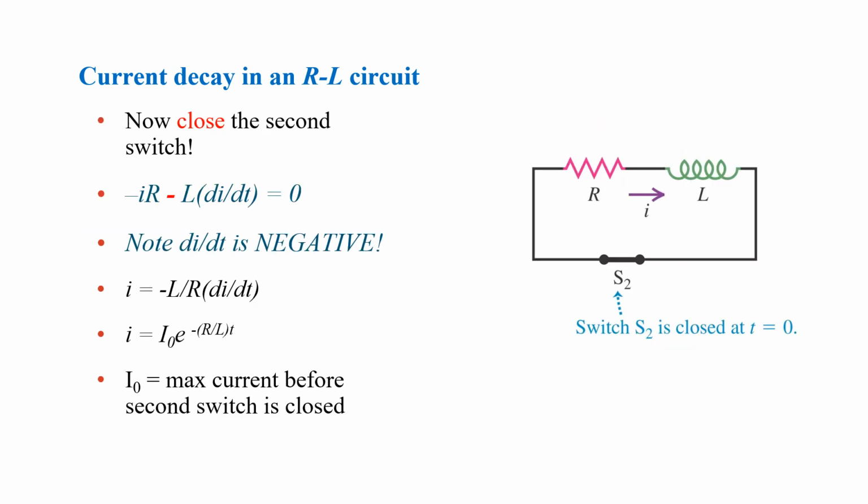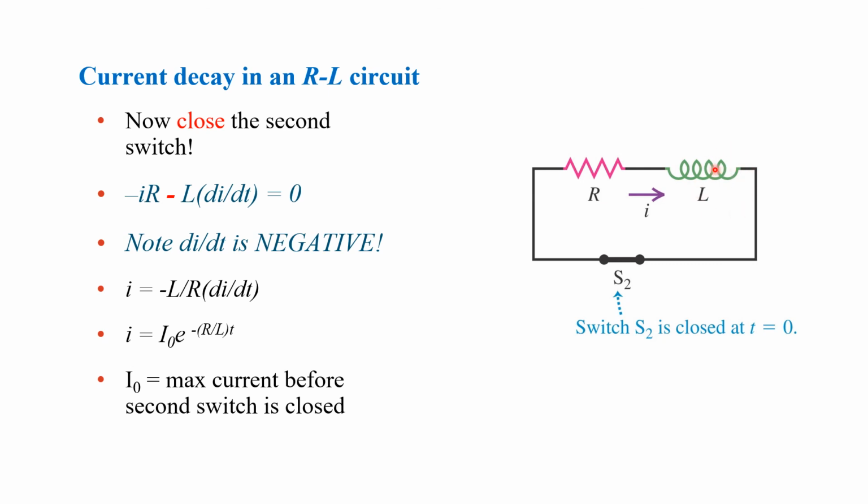As we close switch S2 and open S1, we are left with this circuit here, which is only your resistor and your inductor. And as you close switch S2, again, the current does not go to zero immediately because you have your inductor here.